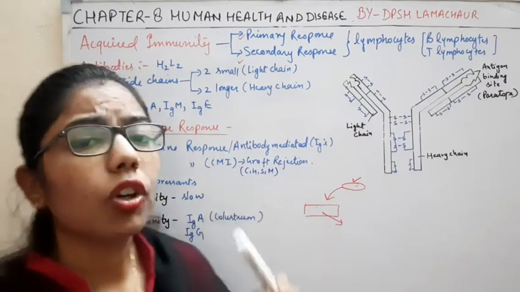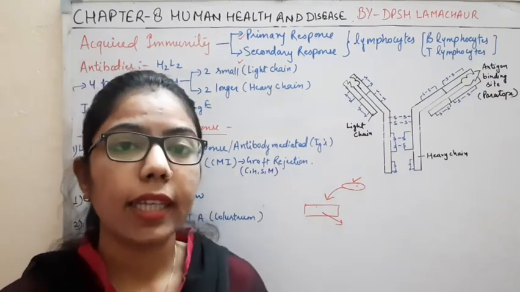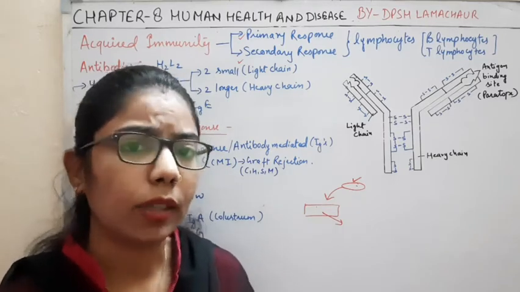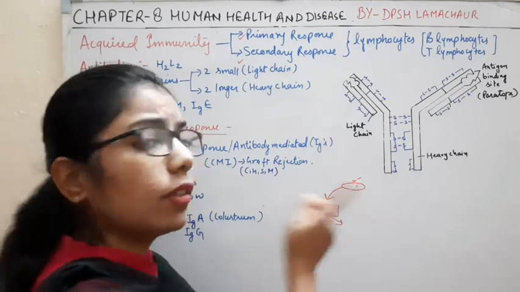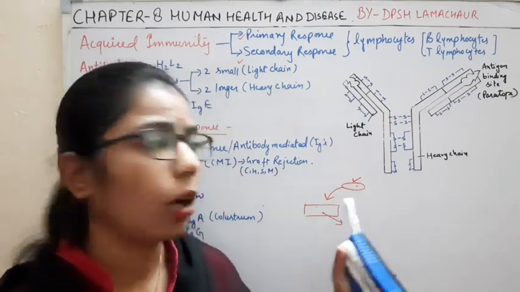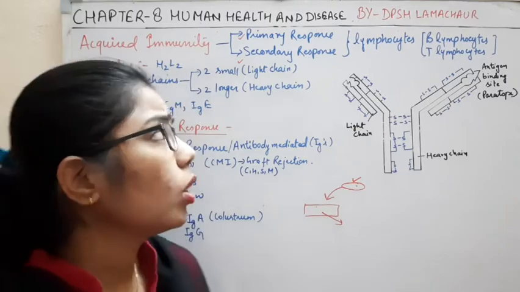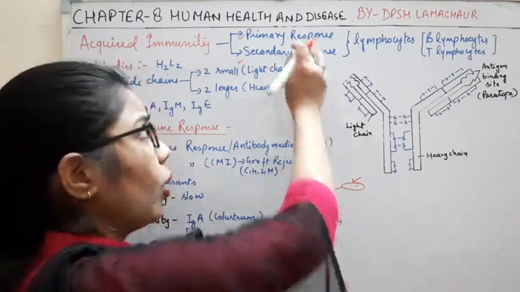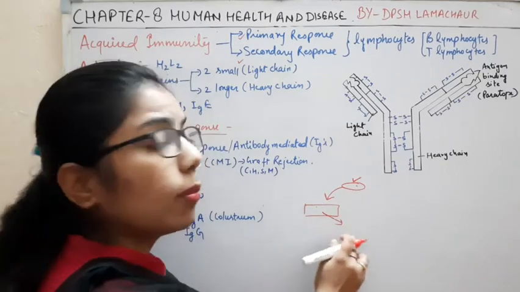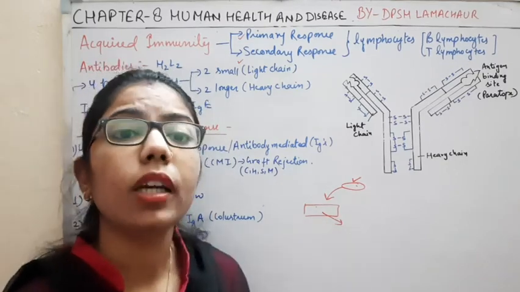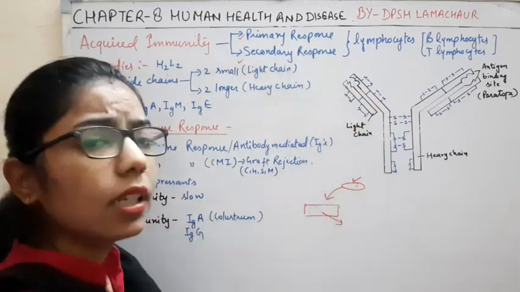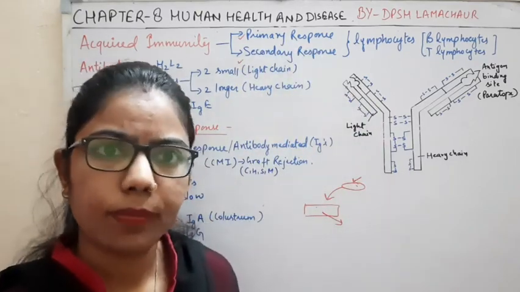For the primary response, the first time any body encounters a pathogen, the body will show the response for that particular pathogen and form the antibodies. This type of response is known as the primary response.